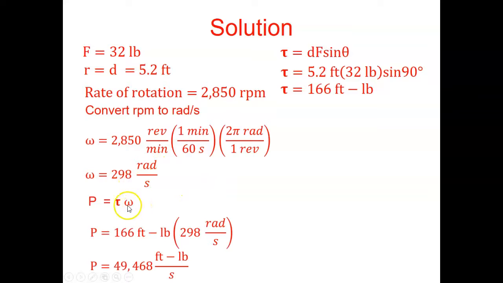Then we substitute in torque and the angular velocity, and you end up with 166 foot-pounds, which is up there, multiplied times 298 radians per second. That gives you 49,468 foot-pounds per second.